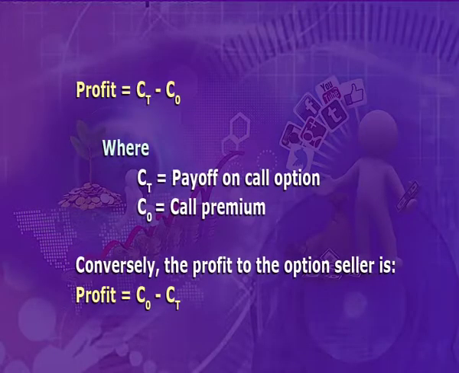Thus, the profit to the option buyer is calculated as profit equal to Ct minus C0, where Ct is the payoff on the call option and C0 is the call premium. Conversely, the profit to the option seller is C0 minus Ct.